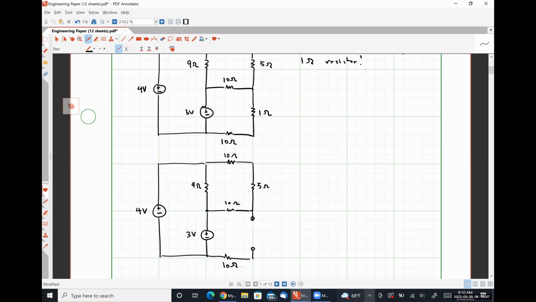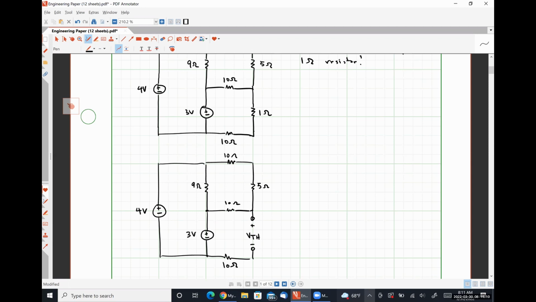To calculate our Thevenin equivalent voltage, that is simply the open circuit voltage. So V Thevenin is nothing more than the voltage drop that we observe across that open circuit set of terminals.